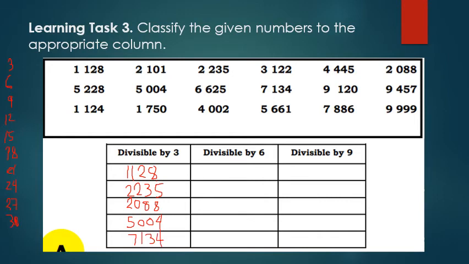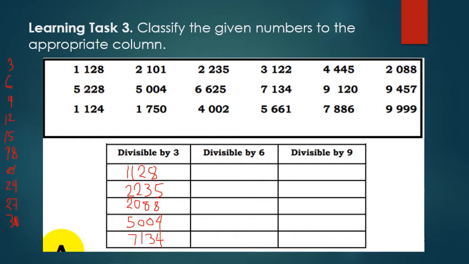Okay, so next. 9 plus 1 is 10, plus 2 is 12. So, kung hindi na siya kasya dito, pwede po kayo magdagdag na papel. So, kayo na po ang bahala magtuloy. And then, ipacheck nyo po sa magulang kung tama po yung mga numbers na nandoon.